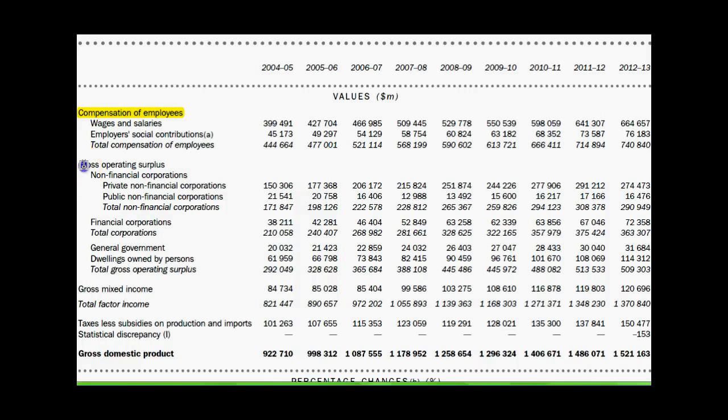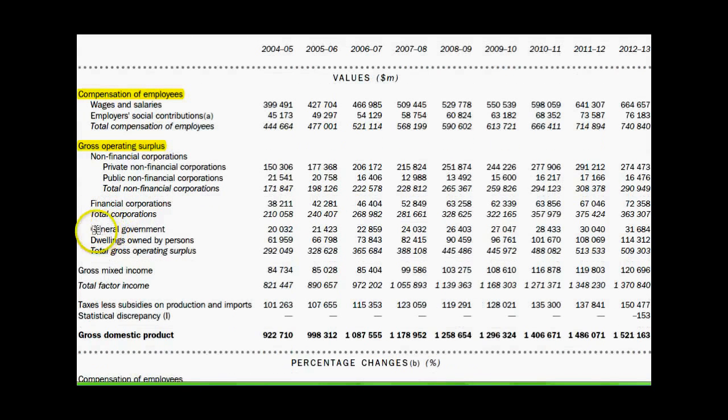Then we've got gross operating surplus, and that boils down to profit. This is income for businesses. So there's the non-financial corporations, the financial corporations, and government, rent from owning dwellings.